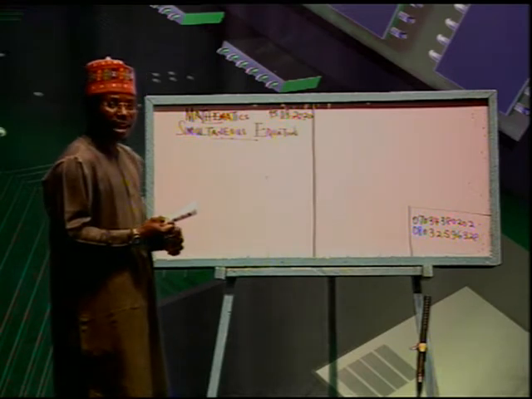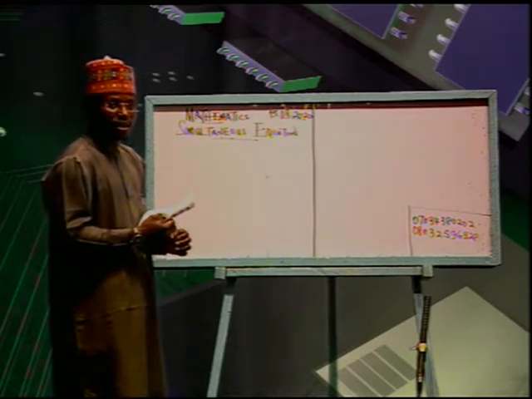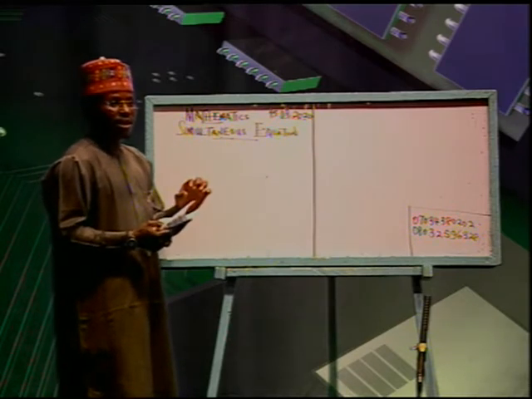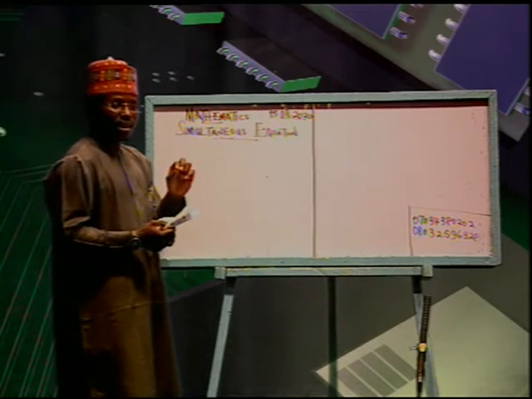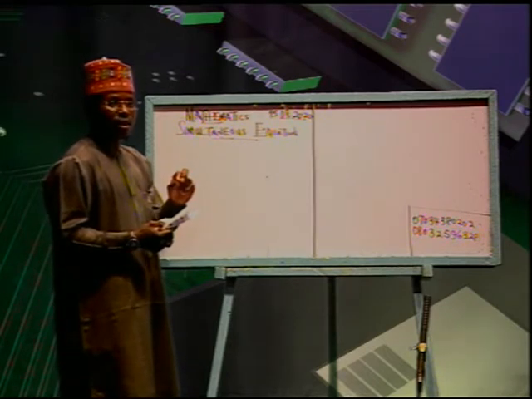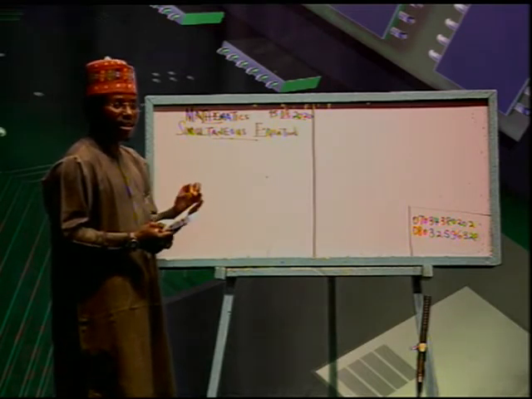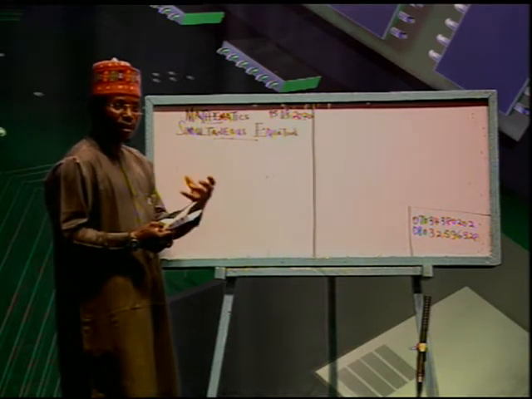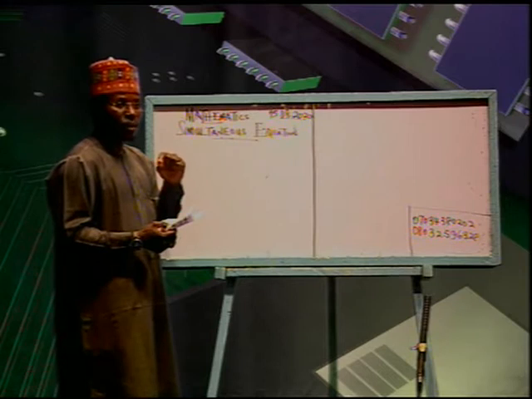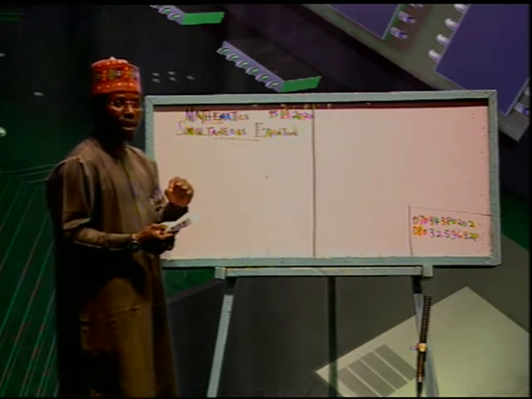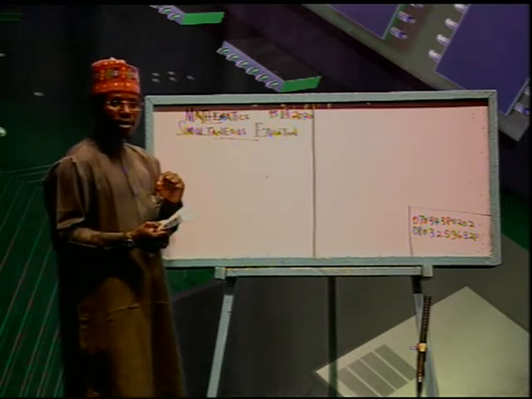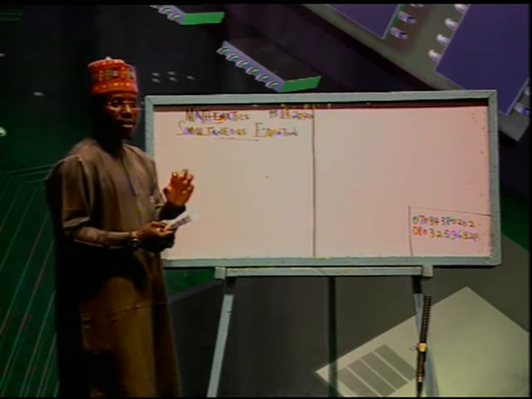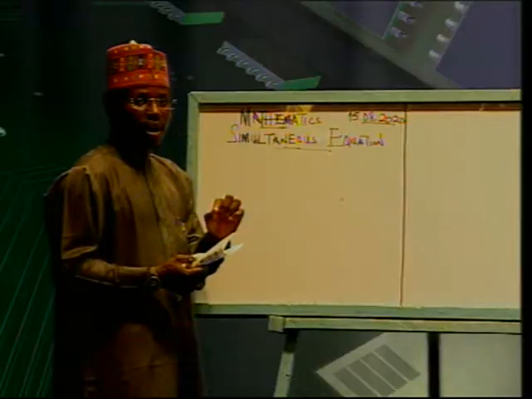In simultaneous equations, as we've mentioned, a simultaneous equation is a pair of equations that you solve simultaneously, concurrently. And why do you have to do that? Because of the number of unknowns, the number of variables you have.